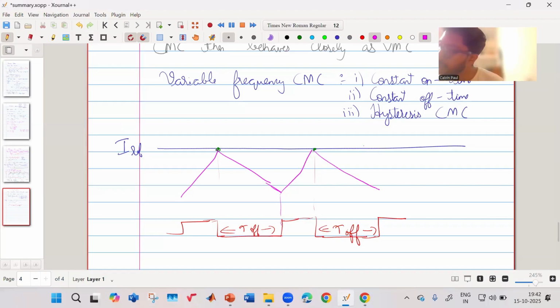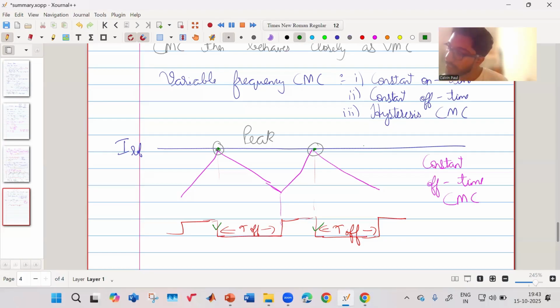So this is your constant off time current mode control. Here, if you will notice, again what we are doing, we are actively controlling the peak. And what is being controlled is the instant of turn off, right?